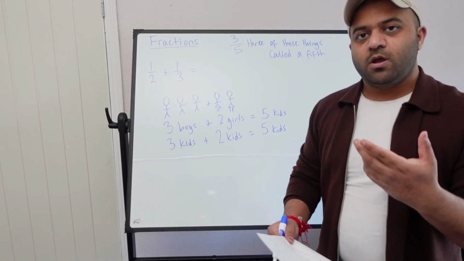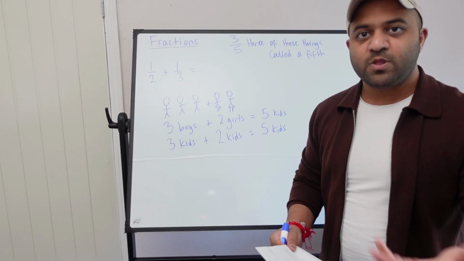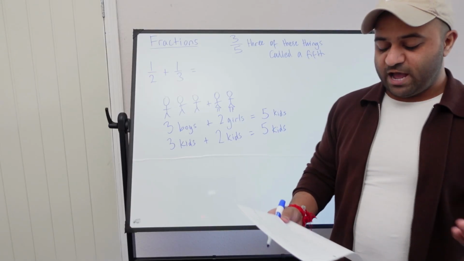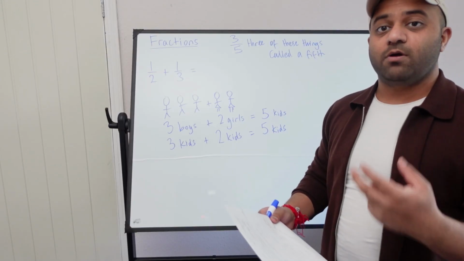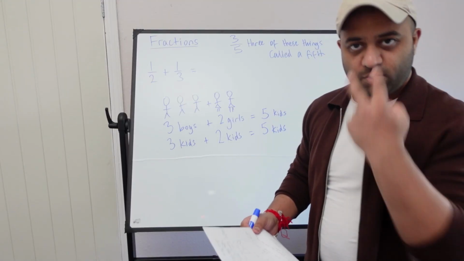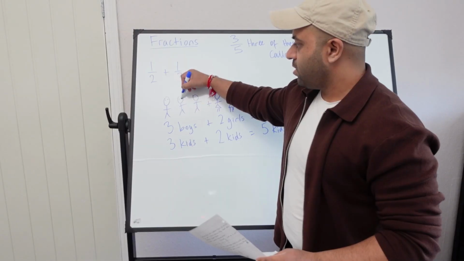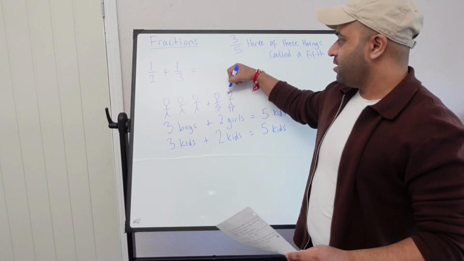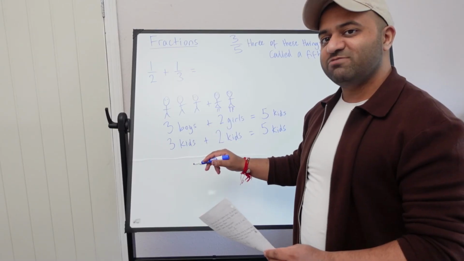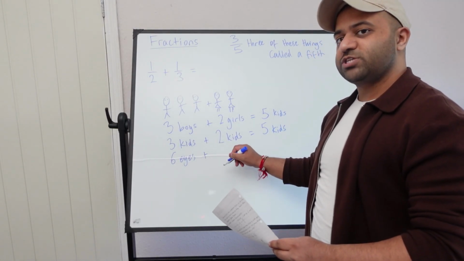Now, is there something that boys and girls both have, which there are multiple of? So something that they both have are eyes. And there are more than 1 eyes, typically, on boys and girls, 2 eyes each. Therefore, if we were to add the total number of eyes together, 3 boys have 6 eyes, and 2 girls have 4 eyes.